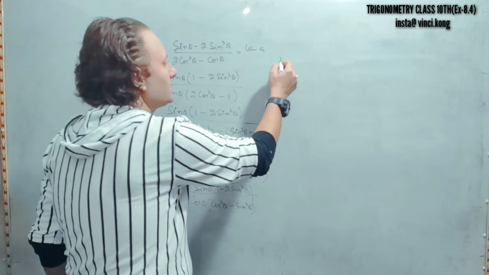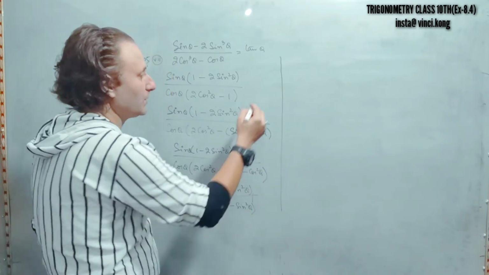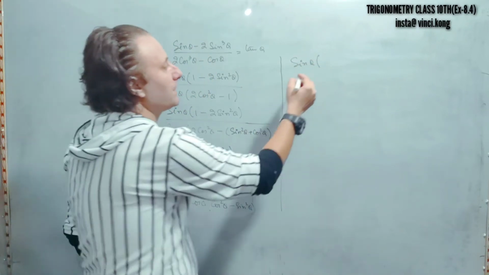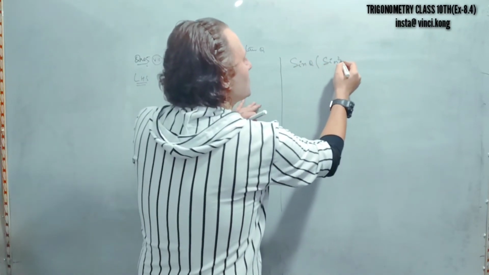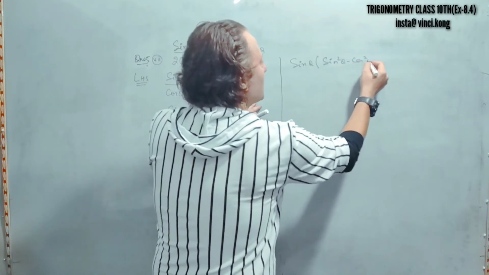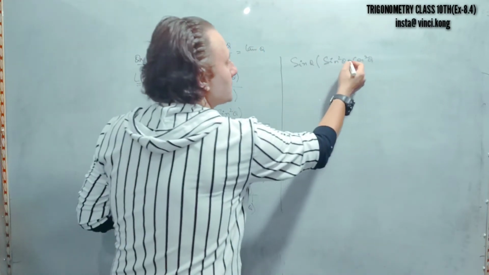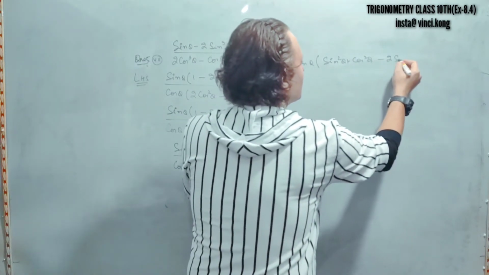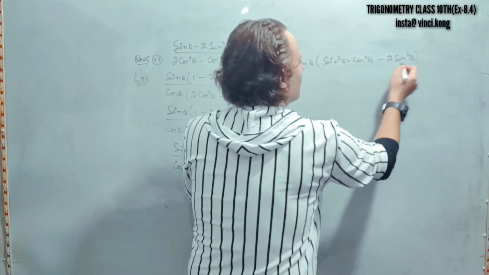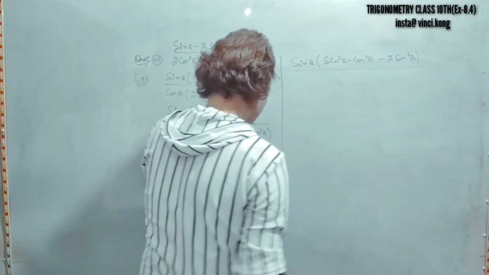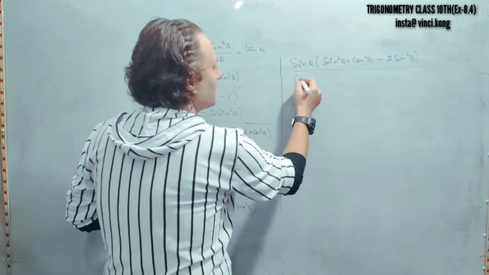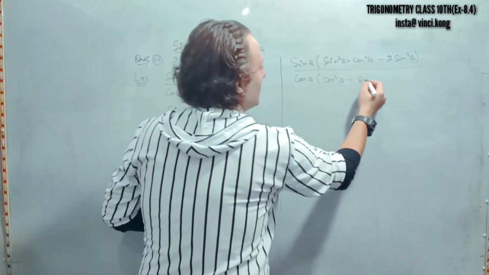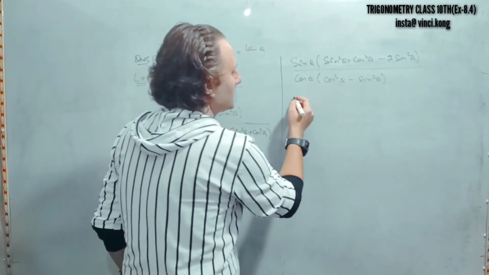Now let's change the numerator as well. So now I have sin theta, instead of 1 I will write sin square theta plus cos square theta, and then we have minus twice sin square theta, whole divided by cos theta, cos square theta minus sin square theta.